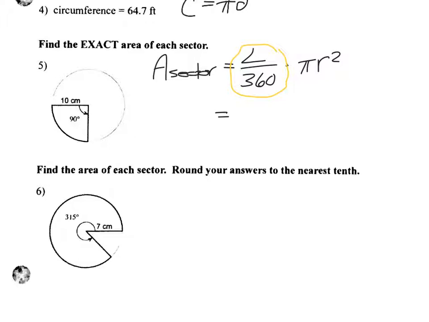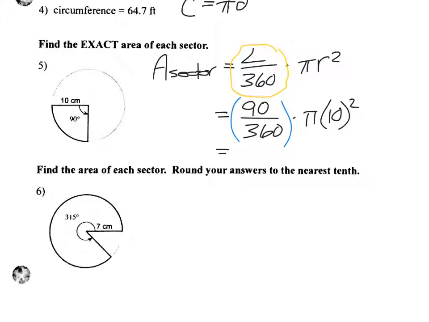So in this case, our angle is 90 over 360 times pi. What's our r? Our r here in the problem is 10 squared. Okay, again, I want to put that in parentheses as a fraction. So 90 divided by 360 times pi, parenthesis, 10 squared.